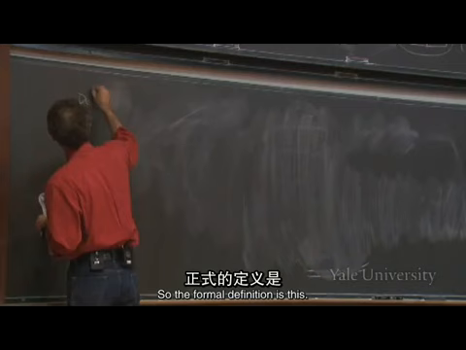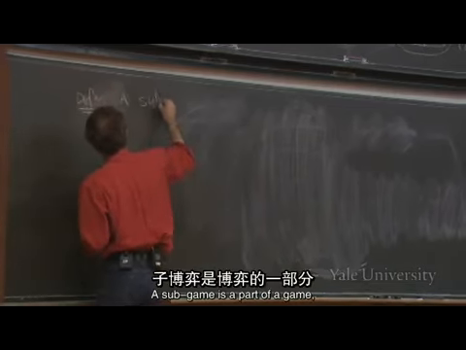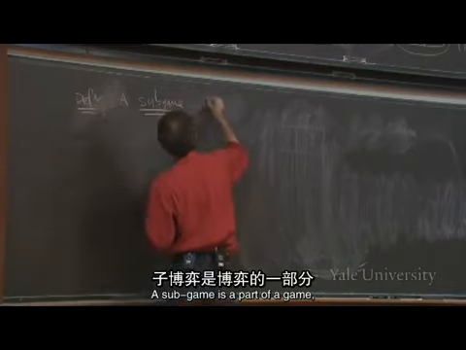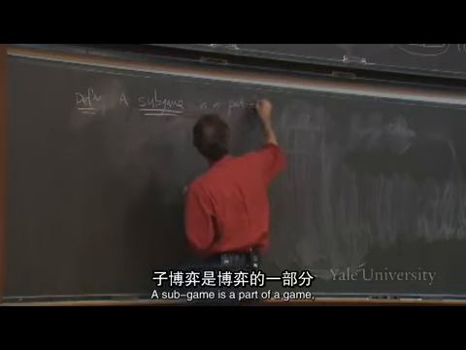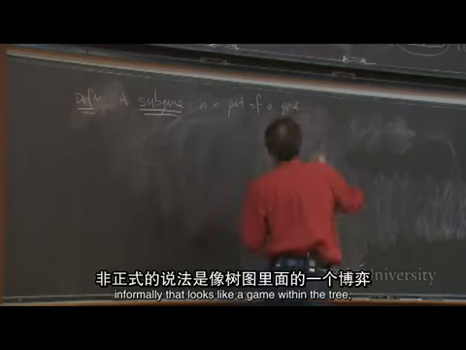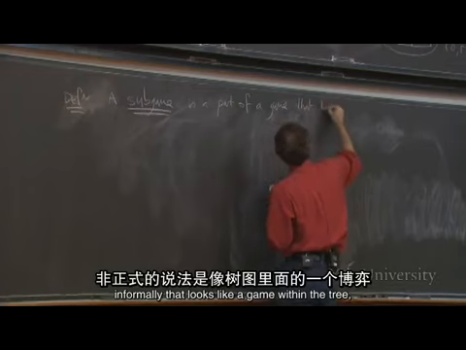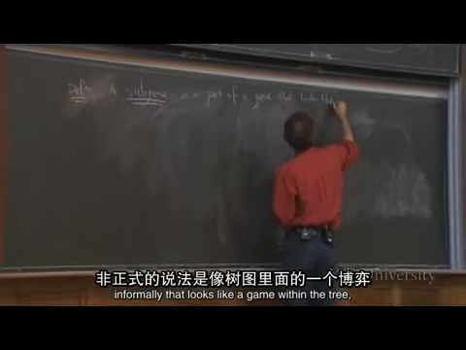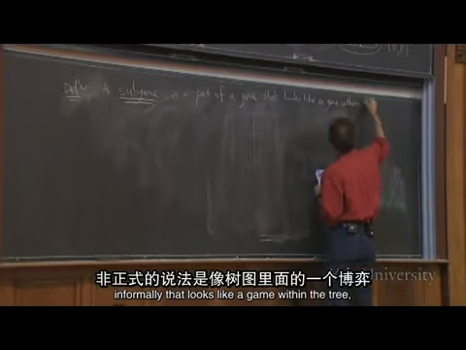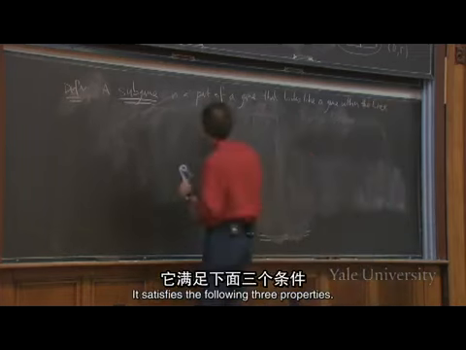So the formal definition is this. Definition: a subgame is a part of a game that informally looks like a game within the tree. And it has three properties.